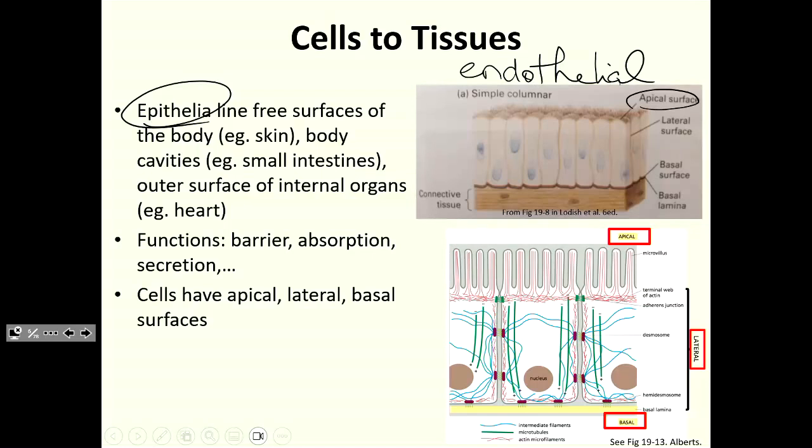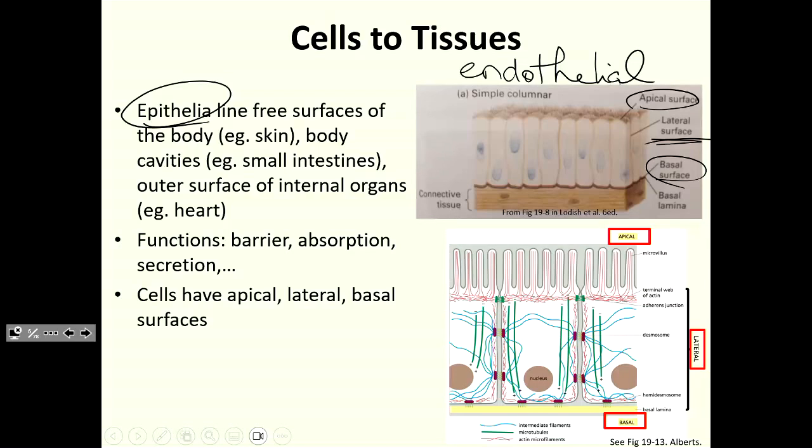There's a lateral surface, which is the side sitting adjacent to the next door cell. And then we have the basal surface, the bottom surface, so to speak. That's the surface sitting on our extracellular matrix, depending on where it is. Maybe it's facing interstitial fluid, bloodstream, whatever, on the outside.